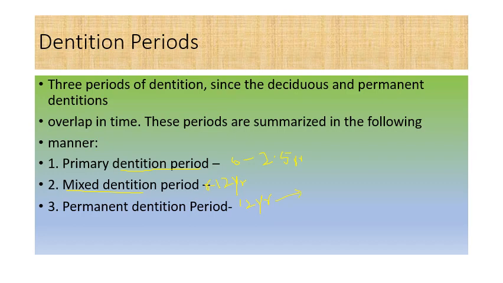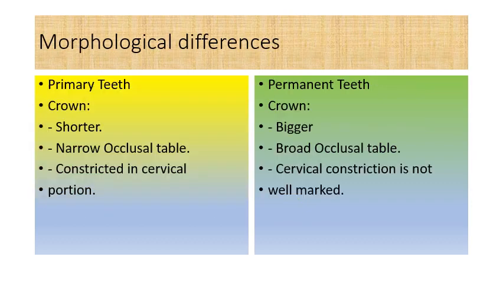Then we proceed towards the differences. We will first study the crown differences. What crown differences are present between the primary and the permanent teeth? If you have noticed smaller kids, they have shorter crowns. The morphology of the crowns is shorter as compared to permanent. They are bigger, and they have good contacts with the adjacent teeth.